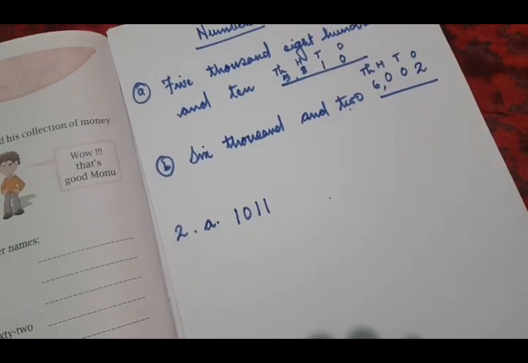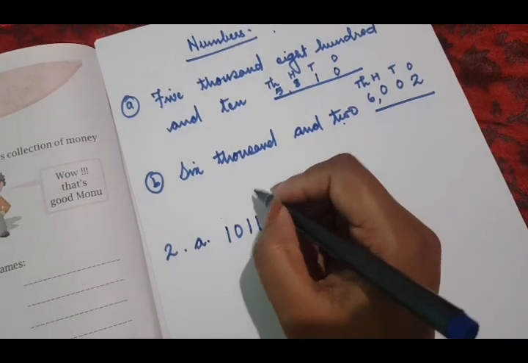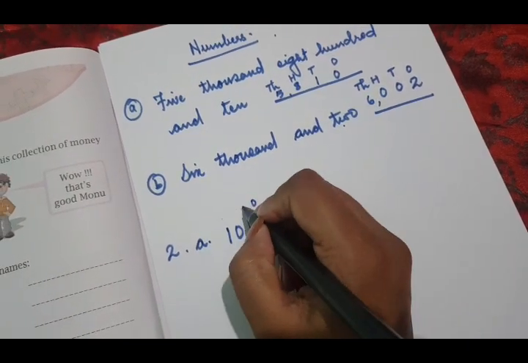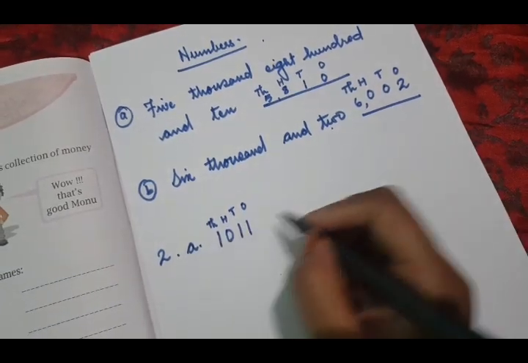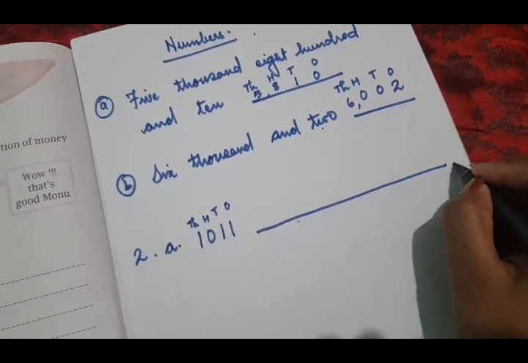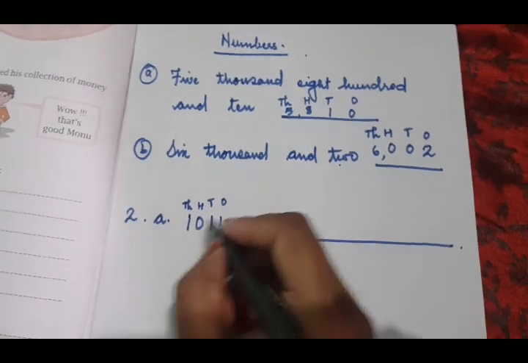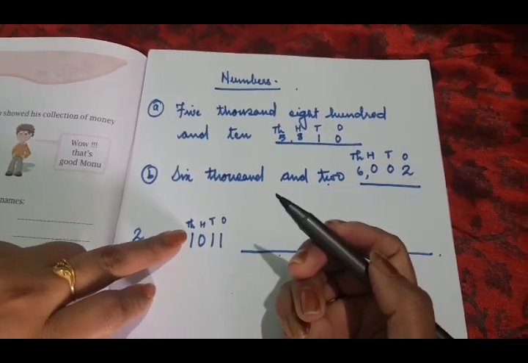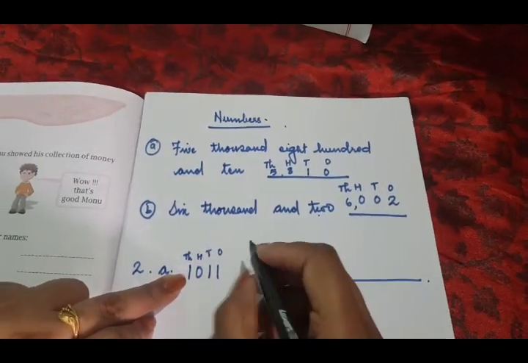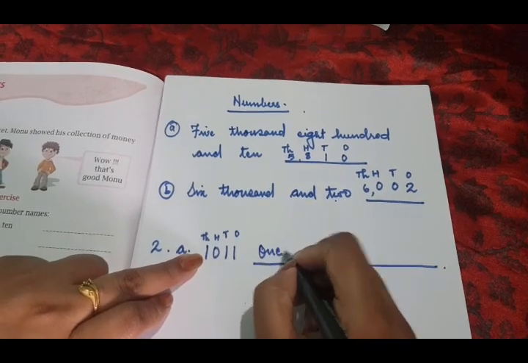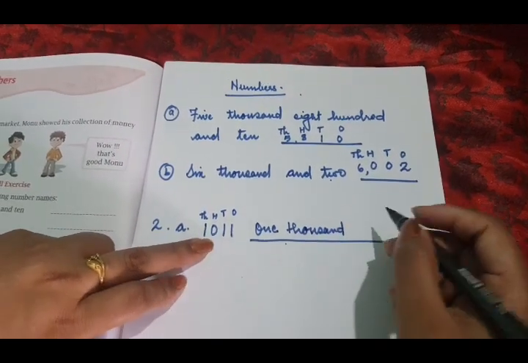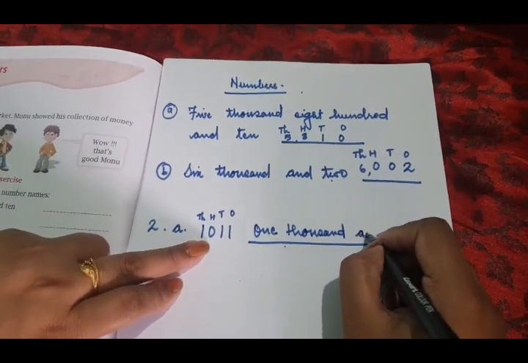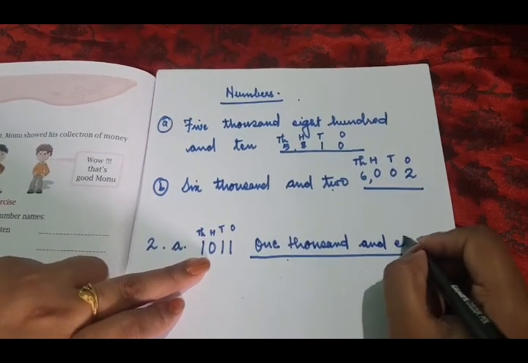So for this also, it's better to write its place first like ones, tens, hundred and thousand, so that it will be easy for you to write the number names. So you can write in thousands place, you can see 1. So 1,011.